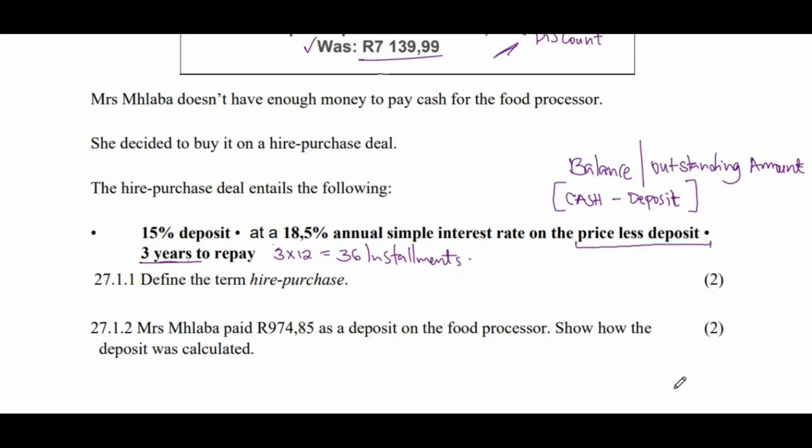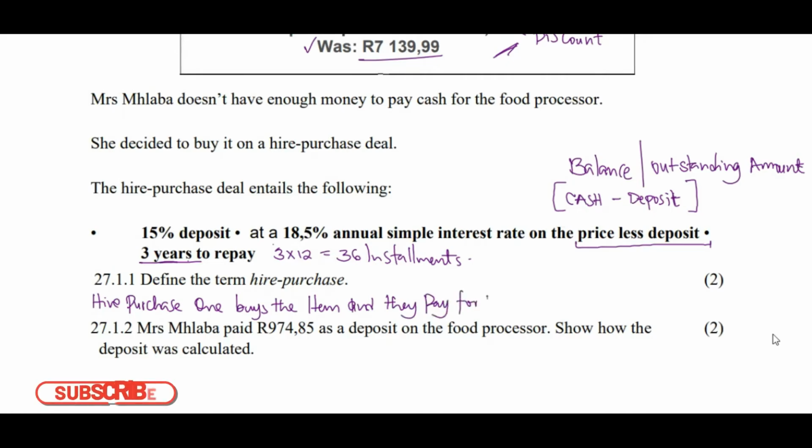Anyway, define the term hire purchase. I would expect you to say that one buys the item and they pay for it in installments.